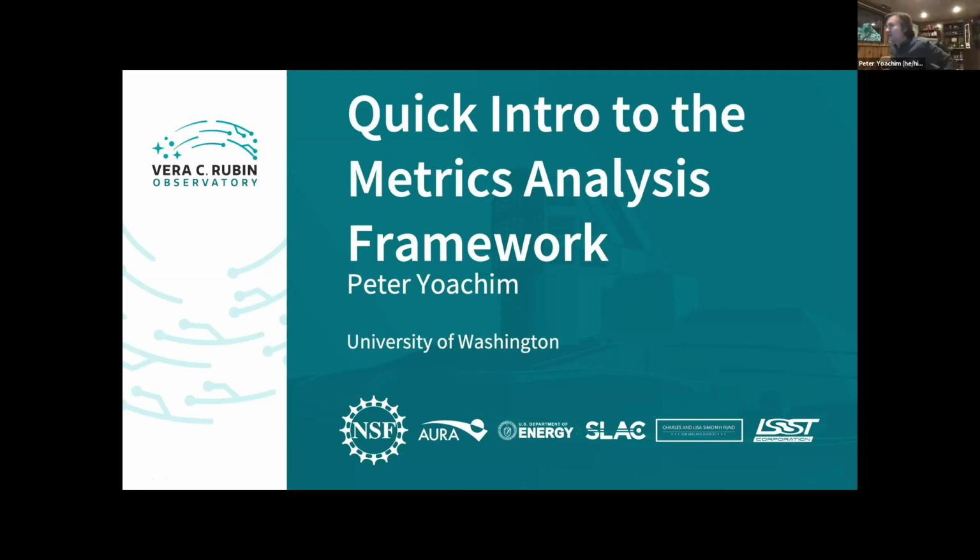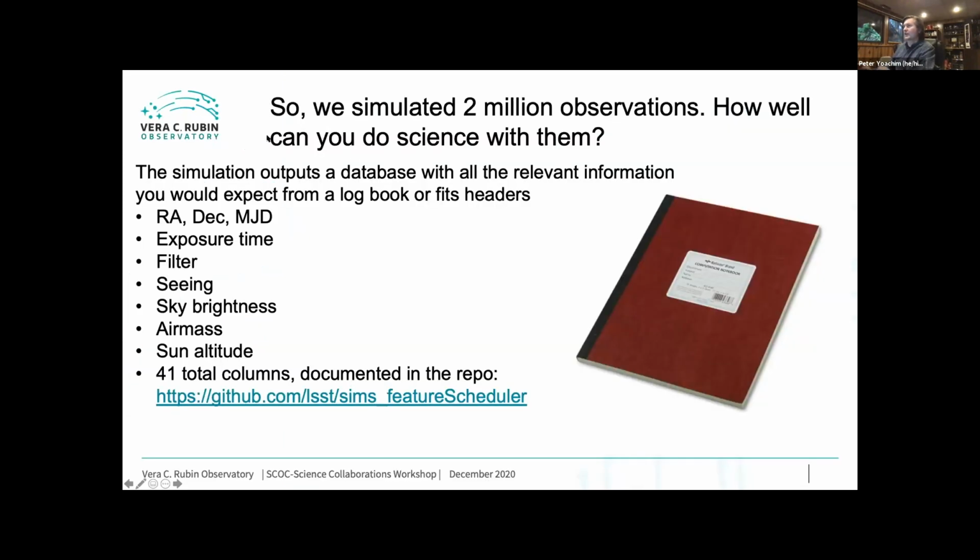Okay, let me give a quick introduction to the metrics analysis framework. Okay, there we go. So we simulate 2 million observations with Rubin Observatory, and we're asking the scientific community, how well can you do science with these 2 million observations? This output, if you go look at the databases, is basically all the relevant information you'd expect from your typical logbook or the FITS headers.